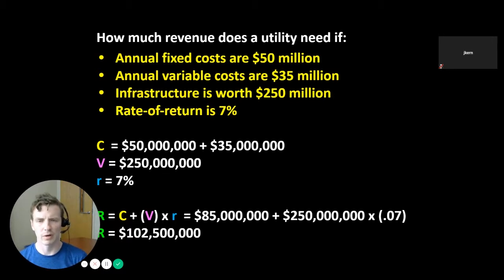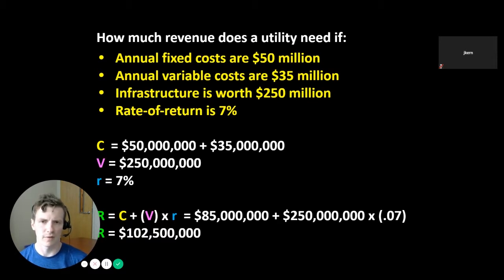So we want to calculate big R, which is the target revenues for this utility. C here is going to be fixed plus variable costs. So we said fixed costs are $50 million per year. Variable costs are $35 million per year. So C equals $85 million. V is the depreciated value of the utility's infrastructure. So we're saying that's $250 million.